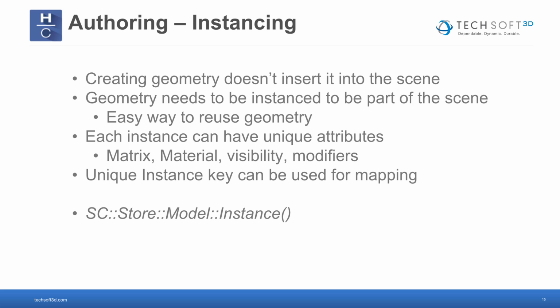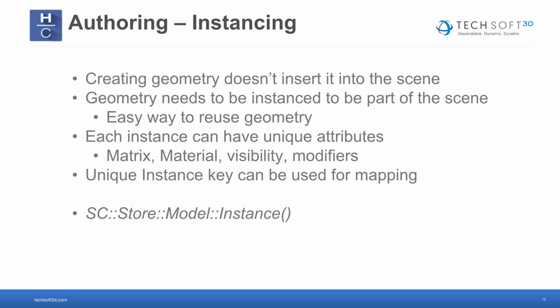For visibility, you can set a default of on or off. And then additional modifiers include non-rendering related things. For example, maybe we want this to not be selectable, or maybe this mesh renders in a certain way. There are a number of modifiers we can look at in the documentation that we can control on a per instance basis.